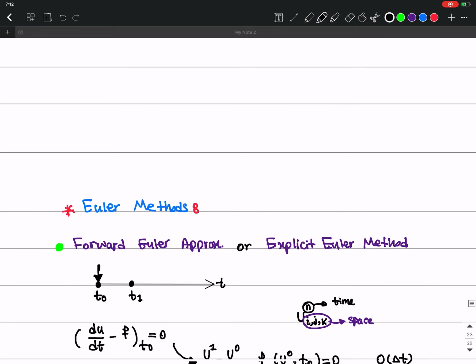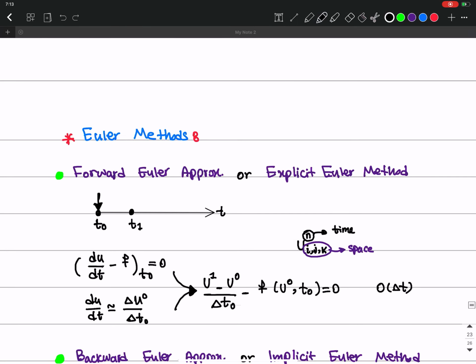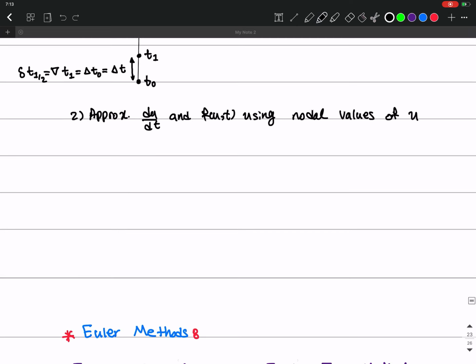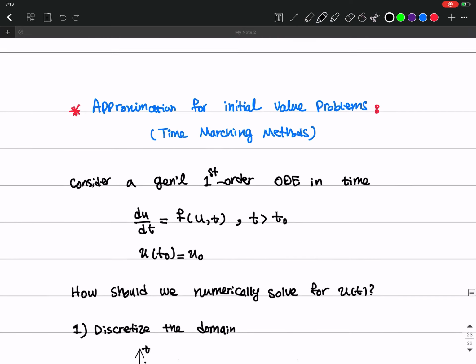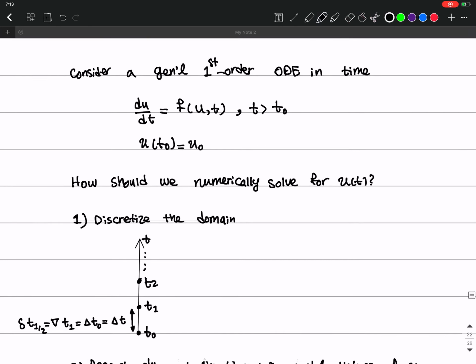So in this lecture, we started talking about Euler methods, which are time marching methods, right? We started with this approximation for initial value problems, a general first order ODE, and how we should numerically solve for that.